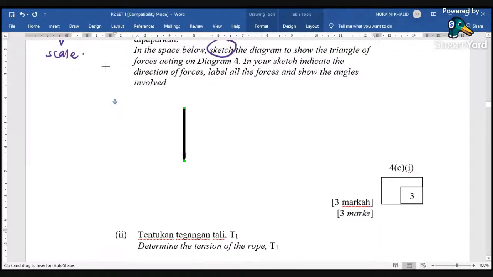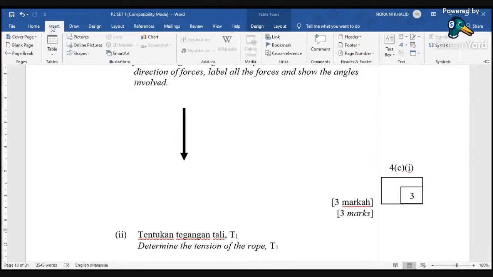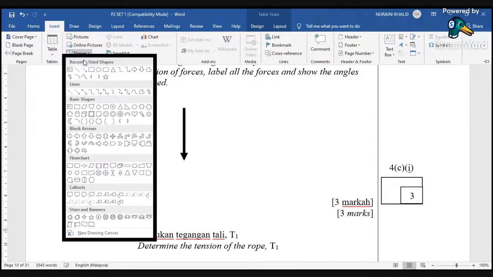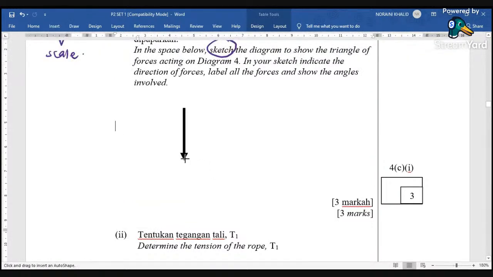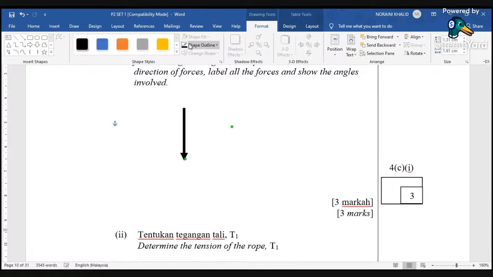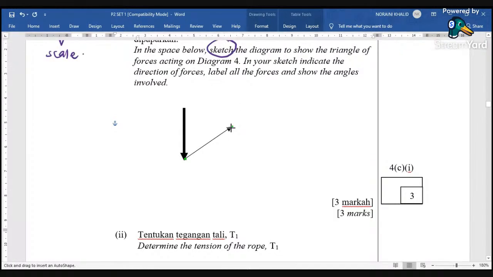Okay, then I will continue to draw the second forces now. Third one.